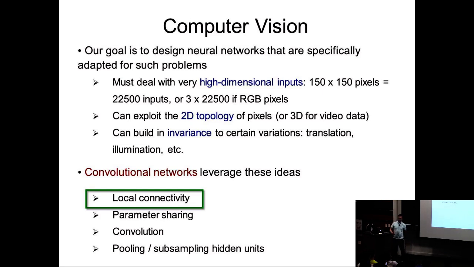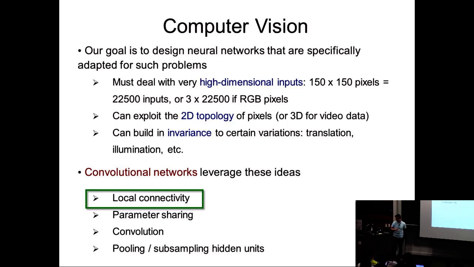In the real world, when you work with high-resolution images, or if you look at medical images, the scans, these are even higher dimensional, right? You have 4,000 by 4,000. These are high-resolution images, and typically you're going to be looking for small patterns in those images.